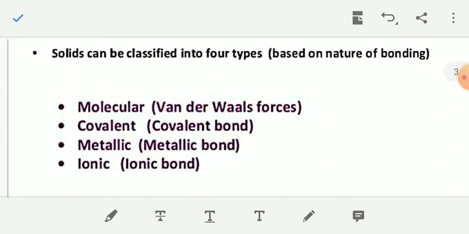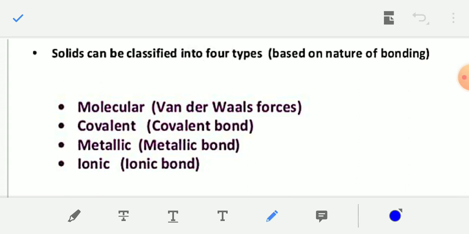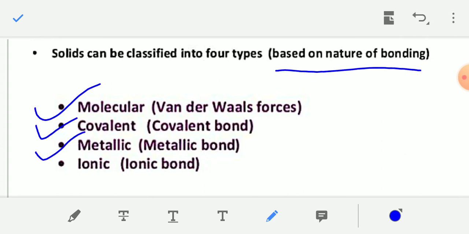We have already discussed crystalline and amorphous solids. Based on the nature of bonding present between the particles, crystalline solids are of four types: molecular solid, covalent solid, metallic solid, and ionic solid.